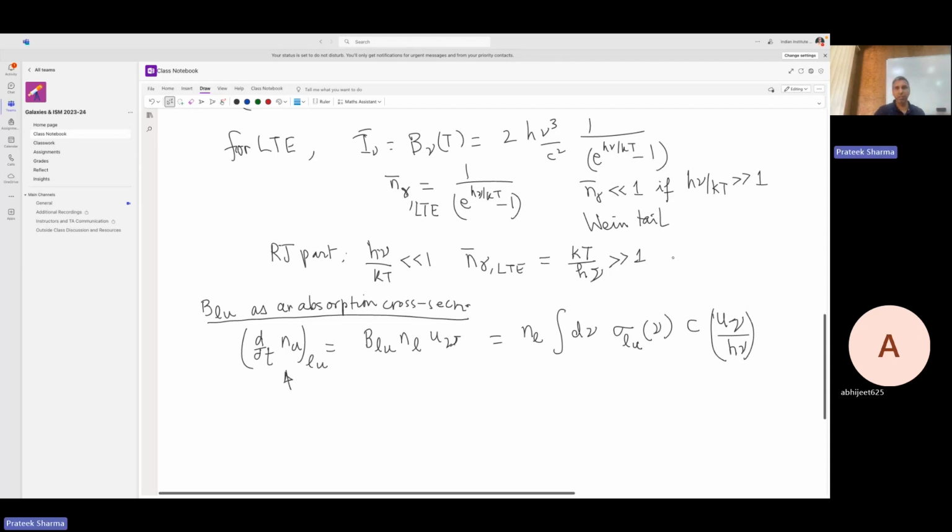So this is nothing but n_photons times sigma times c. We are actually expressing it in terms of our collision language.